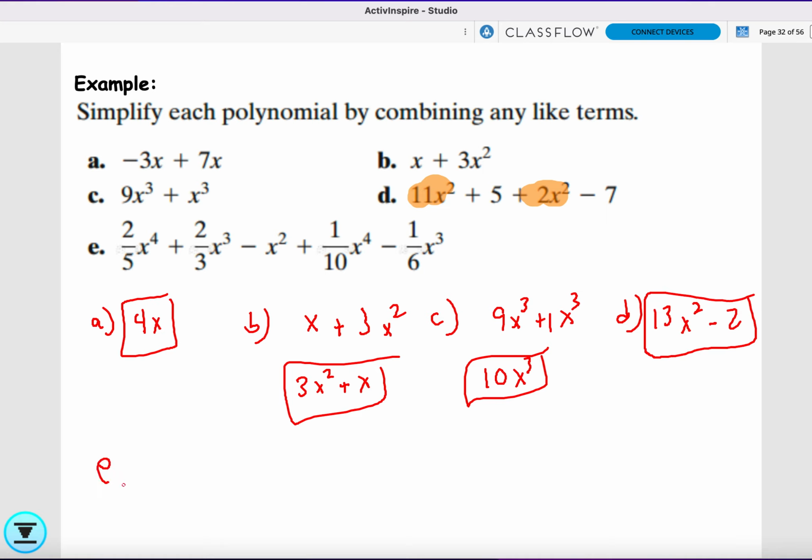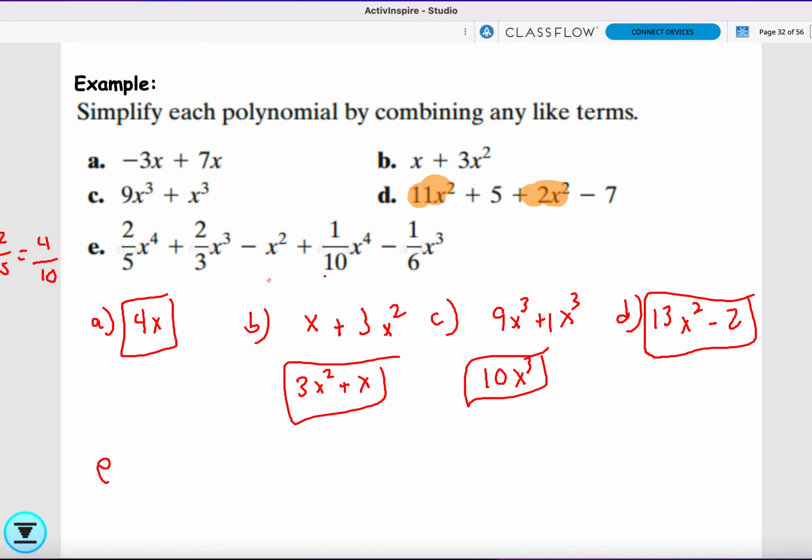And then E, we could add 2/5 x fourth and 1/10 x fourth. So then right there we get 2/5 plus 1/10. We'll just make this into 4/10. 2/5 is equal to 4/10.